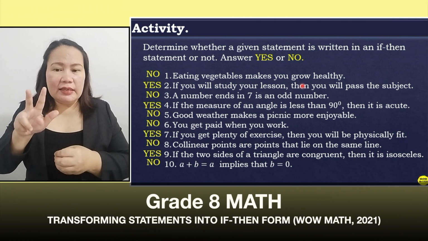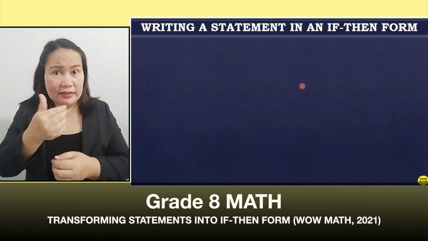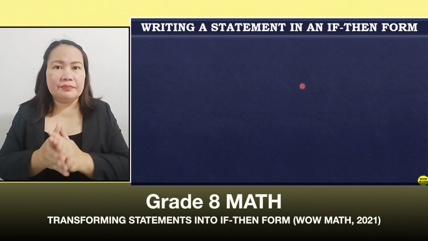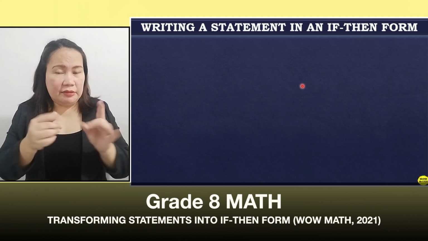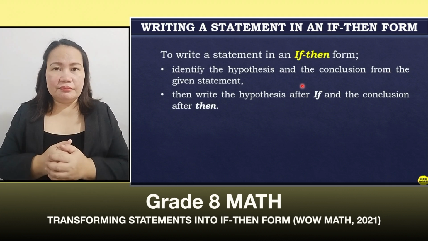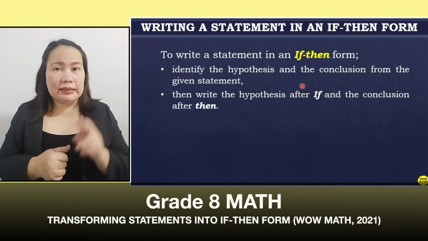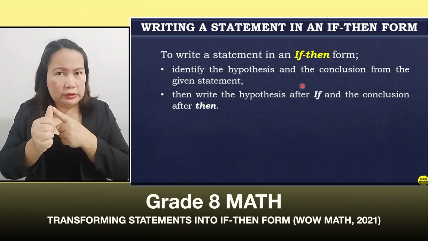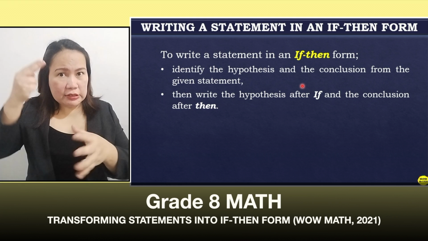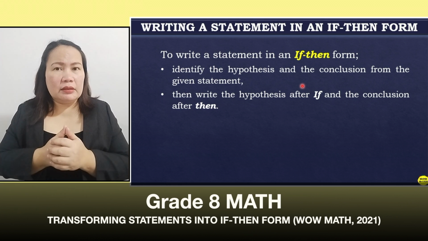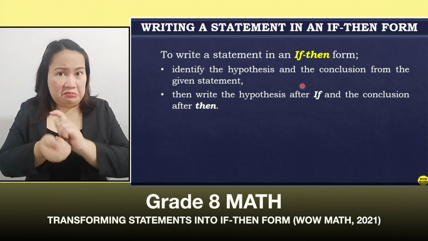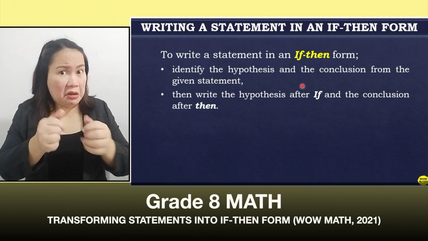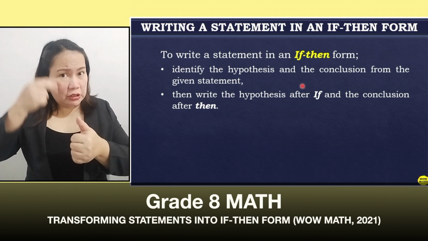So, let us start. In writing a statement in an if-then form, para maisulat natin siya into an if-then form, we need to identify first the hypothesis and the conclusion from the given statement. So, hindi pwedeng binigyan ka ng statement, gagawin mo siyang if-then form without identifying first the hypothesis and the conclusion.